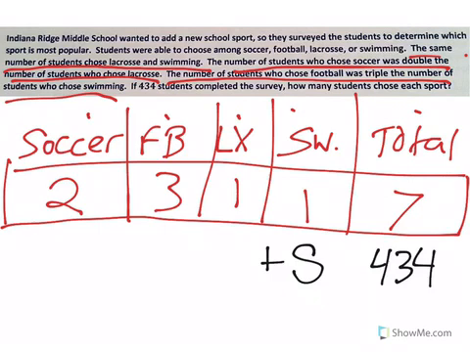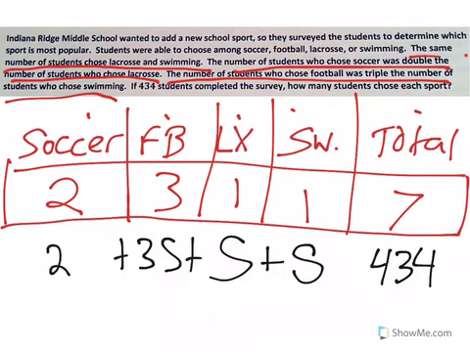Plus lacrosse is also 1, so that would just also be S. Football would be 3S, right? 3 times the number of students who wanted swimming. And then soccer would be 2S. So if we add 2 times S plus 3 times S plus S plus S, we're going to get 434.